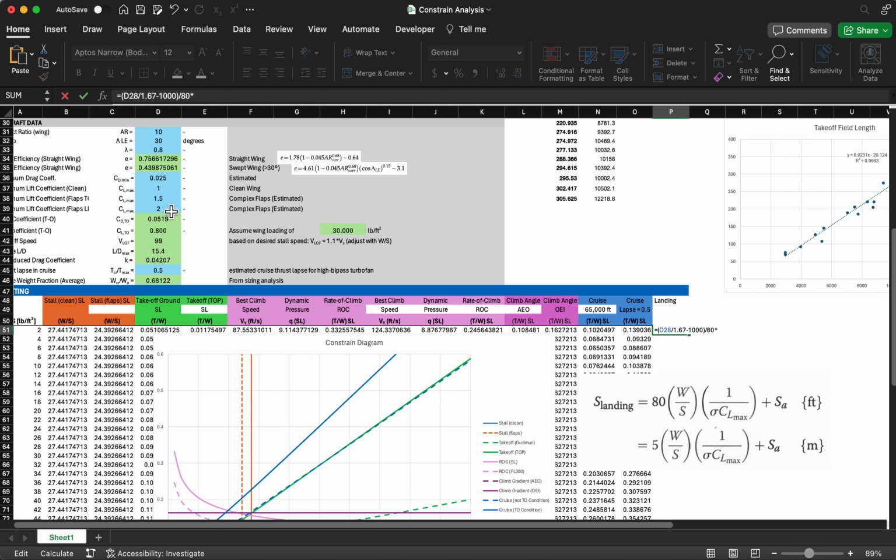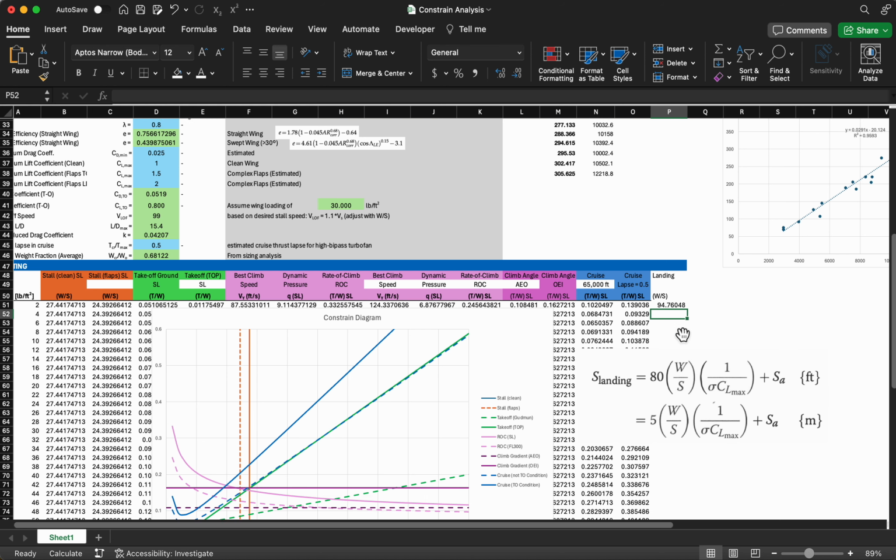Having more flaps, more lift during landing, have the double benefit. You're also generating more drag, which will help slow you down. So let's say we have our maximum lift for our landing condition, and that should be it. We hit equals here, and we have our wing loading required to land in this distance is 94.